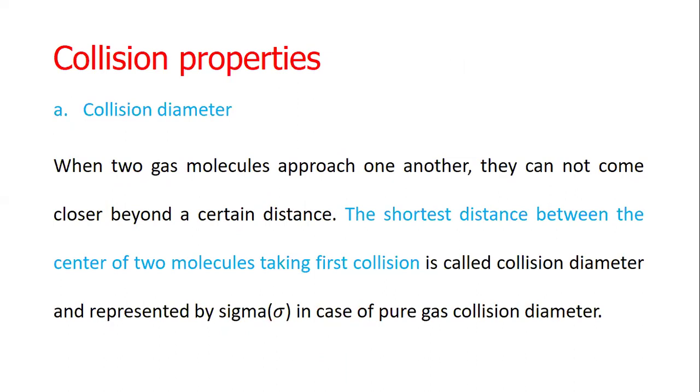When two gas molecules approach one another, they cannot come closer beyond a certain distance. The shortest distance between the centers of two molecules taking first collision is called collision diameter and represented by sigma.